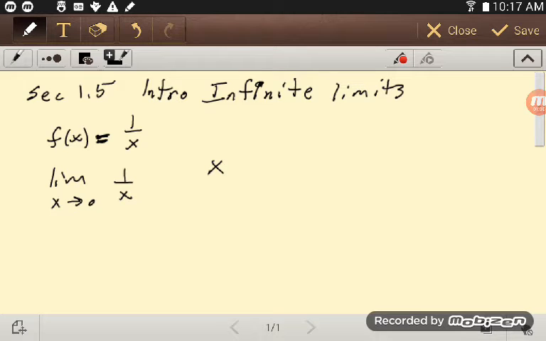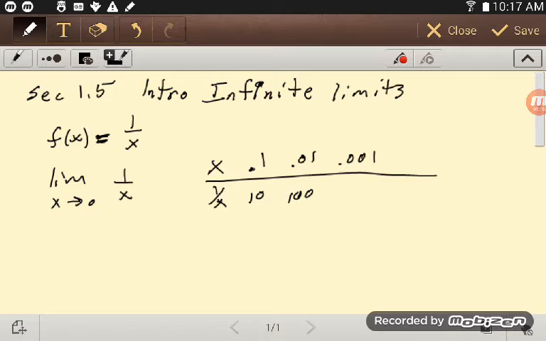Here's x, here's 1 over x. If I did 0.1, I would get 10, 0.01, I get 100, 0.001, I get 1,000, and so forth, right? If I go to 10 to the negative fourth, I'll get 10 to the fourth, or 10,000.